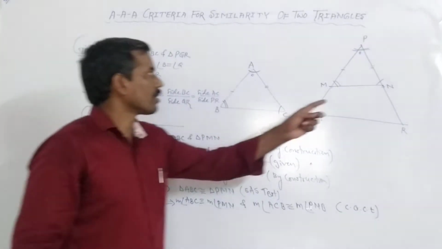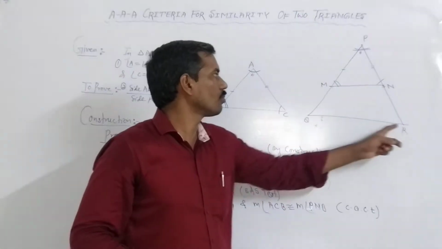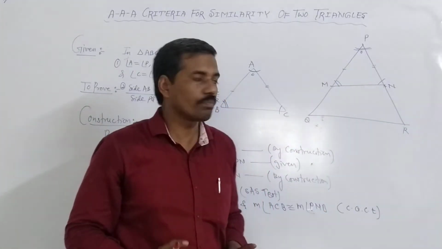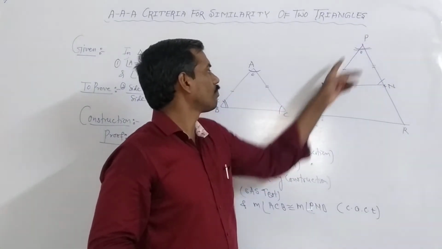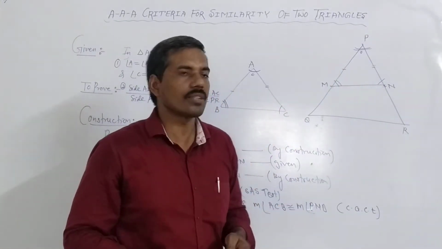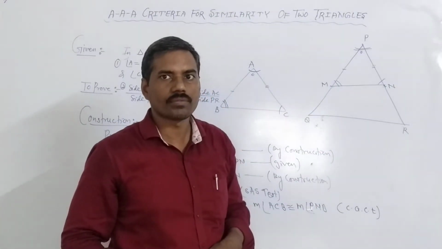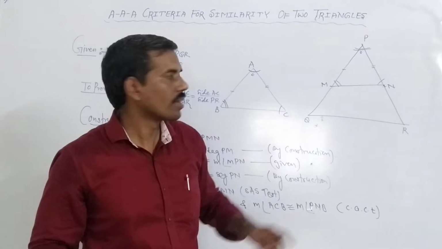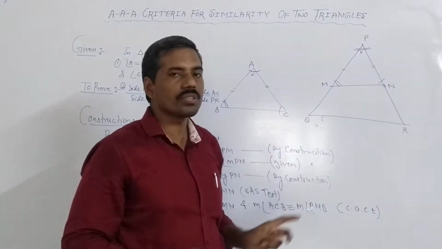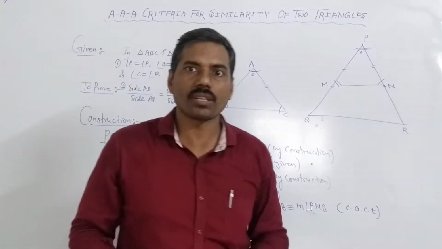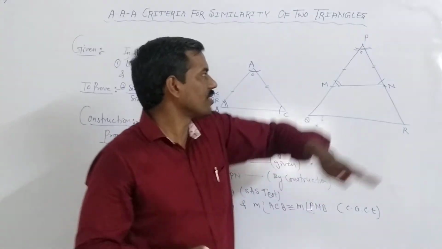Now, in triangle PQR, side PQ is a transversal line segment of the two line segments MN and QR. Please see carefully, students.